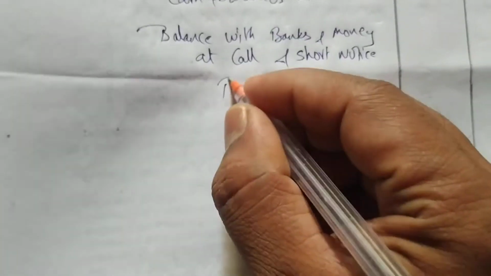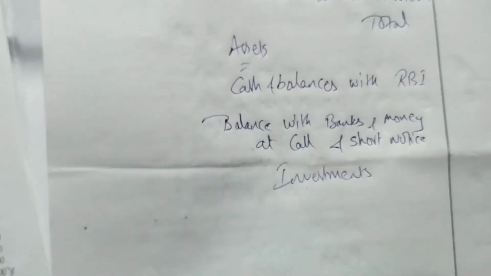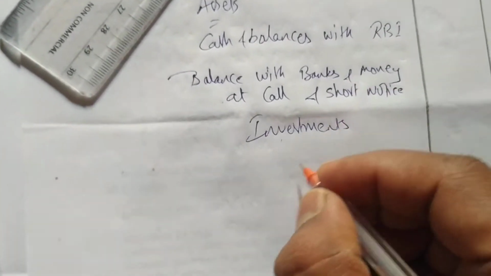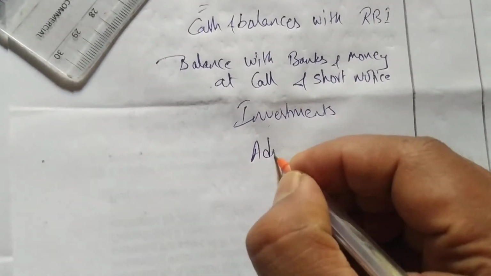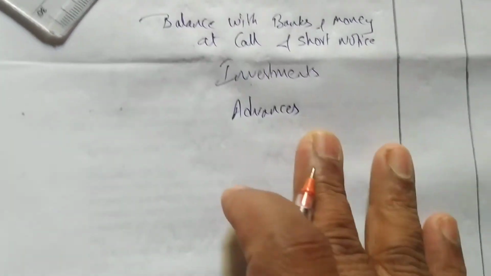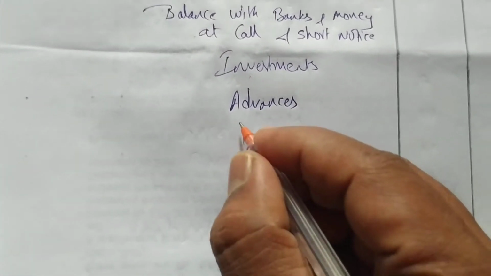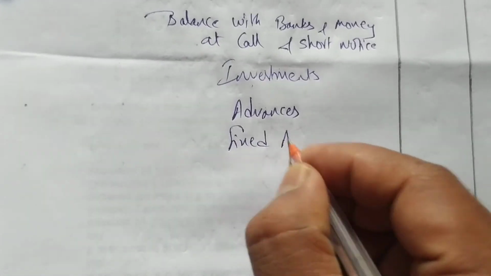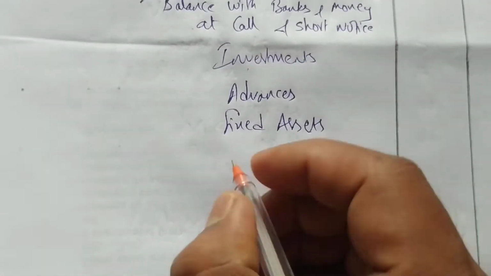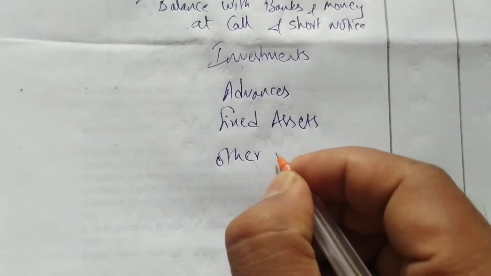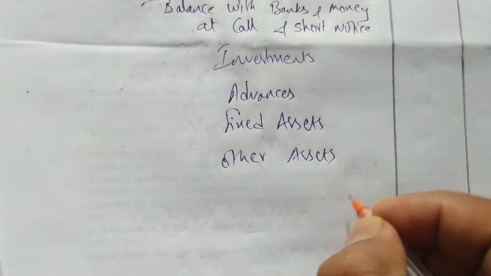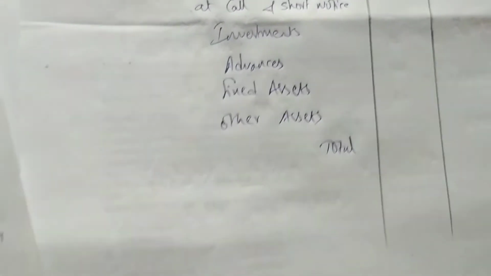After that we are having investments. After investments we are having advances, fixed assets, other assets. Then we do the total of assets.